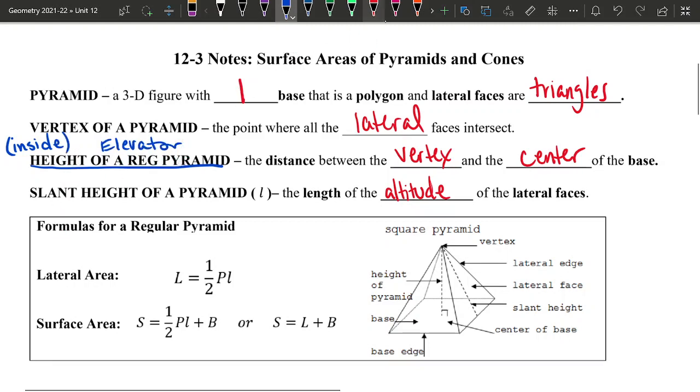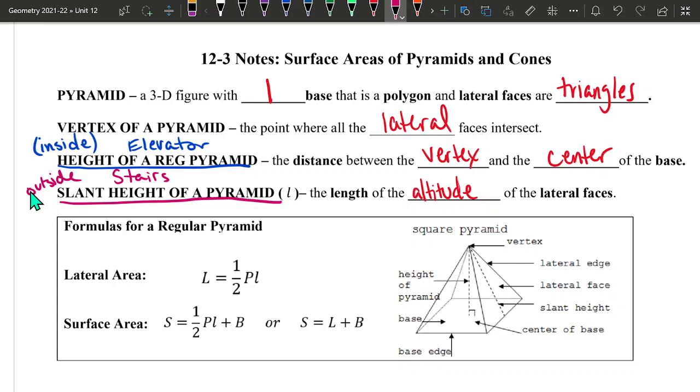But if you were visiting a pyramid and you were on the outside of the pyramid and you wanted to go to the top, you would take the stairs. So the slant height of the pyramid is on the outside. So it's like the stairs on the outside.